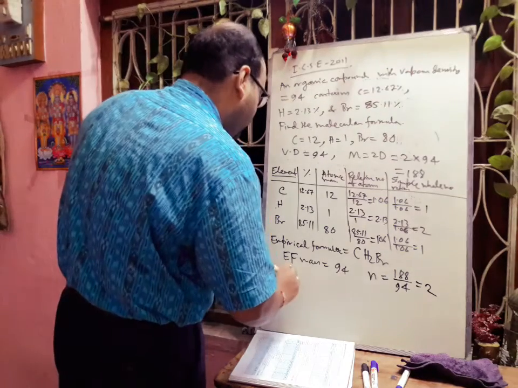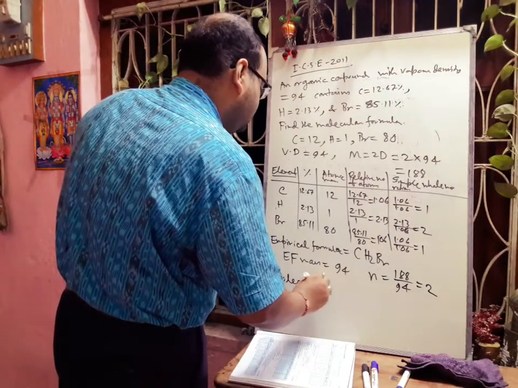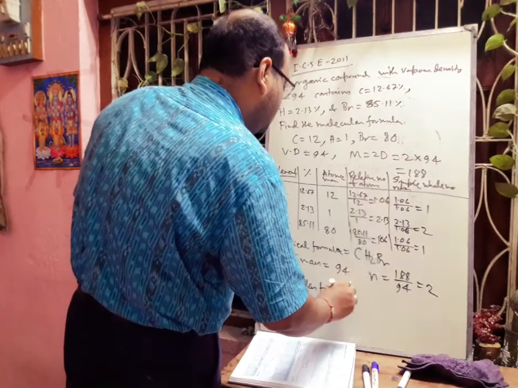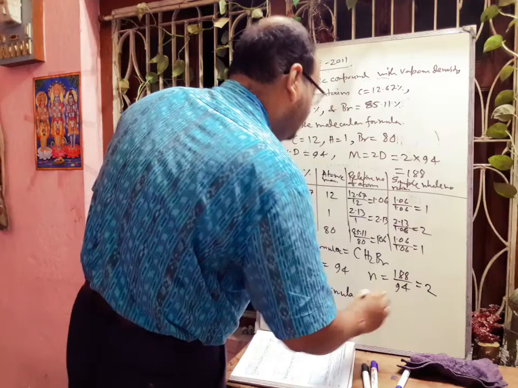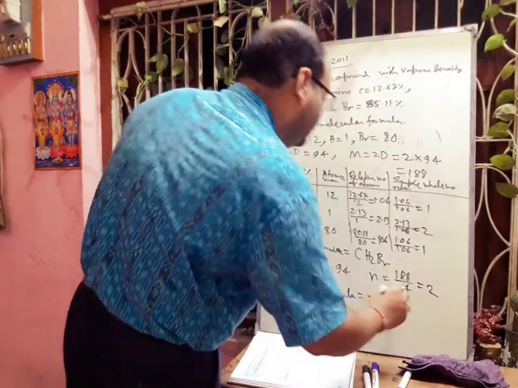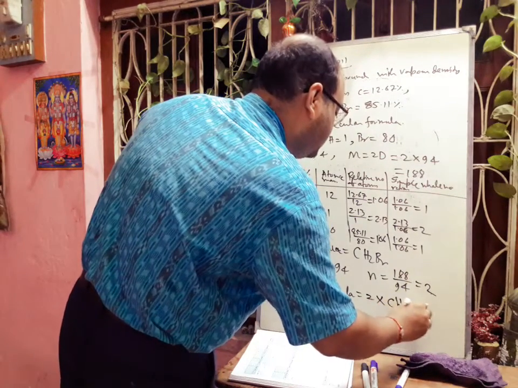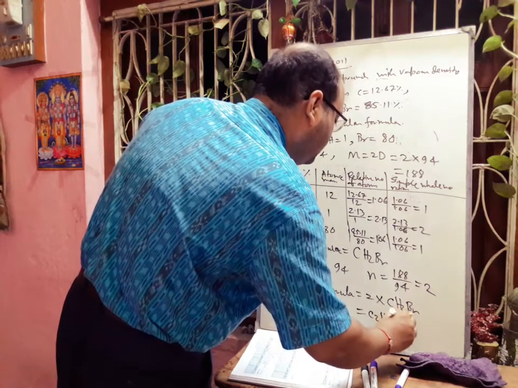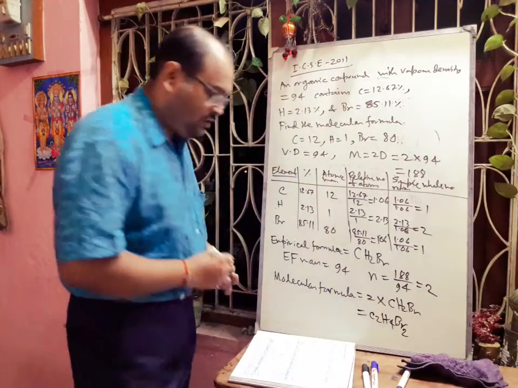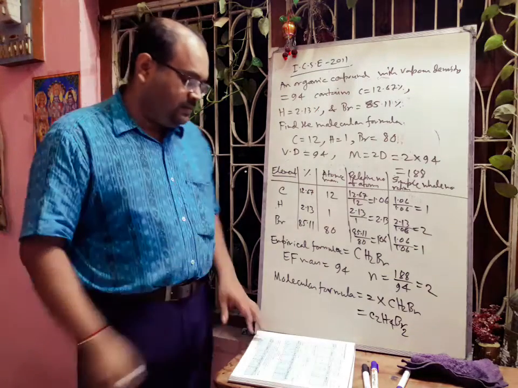So the molecular formula is equal to 2 into CH2Br, that will be equal to C2H4Br2. So that will be the molecular formula of that compound.